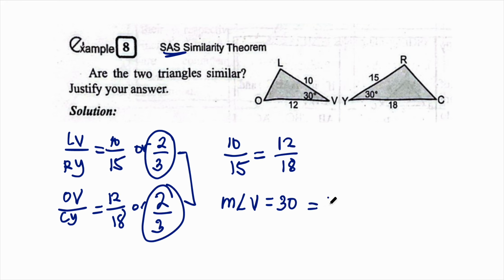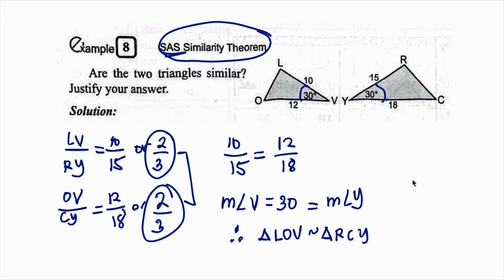Also, that is the measurement of angle Y as well. So we have the measurement of angle V and the measurement of angle Y. They are the same, right? So they are congruent. Now, therefore, we finally conclude that triangle LOV is similar to triangle RCY.